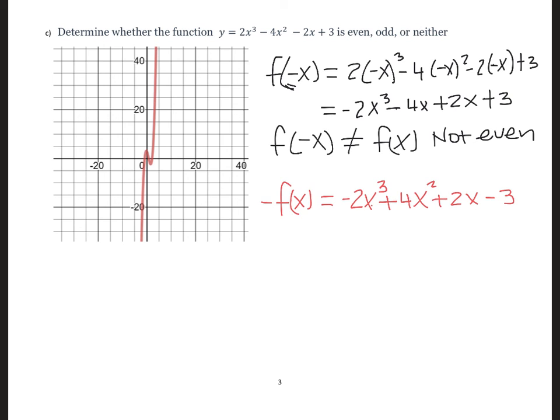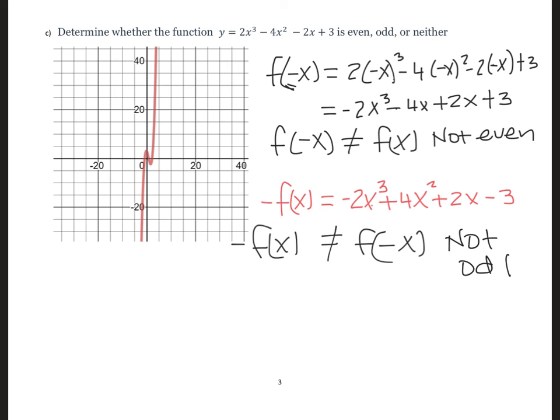And see, this is not the same as f of negative x, which I had gotten up here. They are not the same. So because negative f of x is not equal to that, I'm going to say not odd. So I'm going to say here neither.